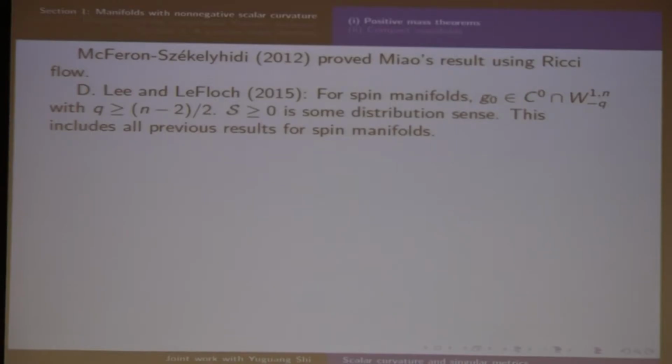Then some more results. Lee and Lefloch, for spin manifolds, proved it while forgetting those kinds of conditions. But this condition also already implies all previous results for spin manifolds, because in their proof, they also use Witten's method.